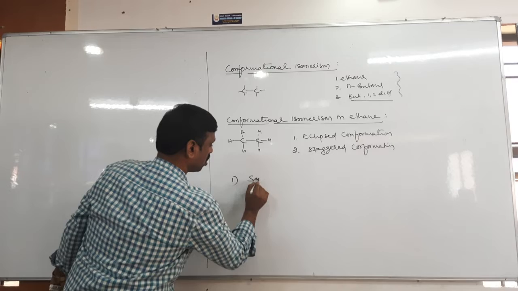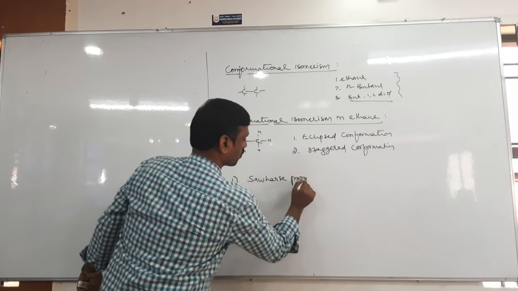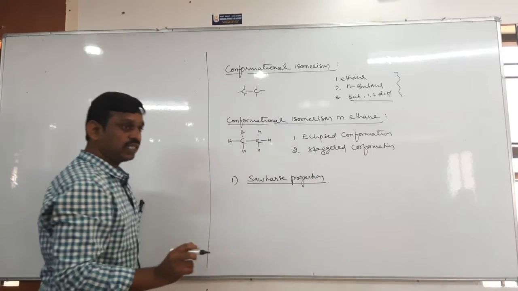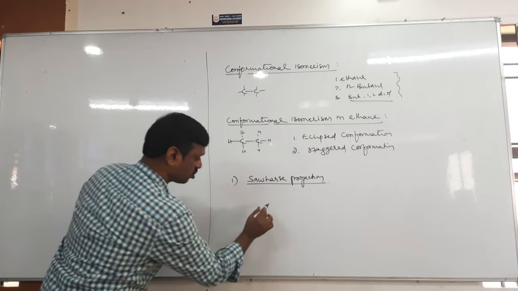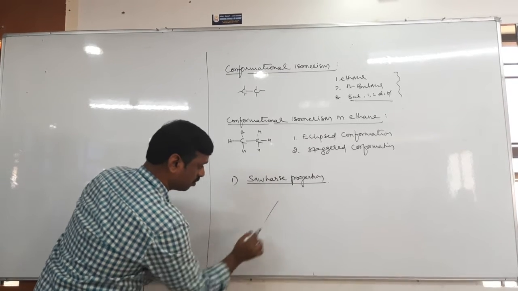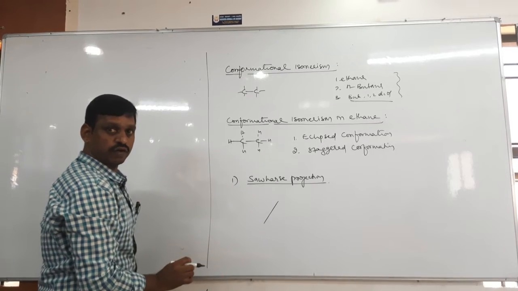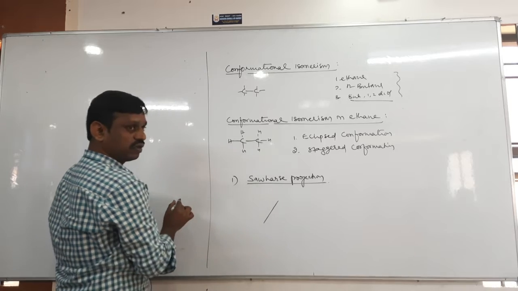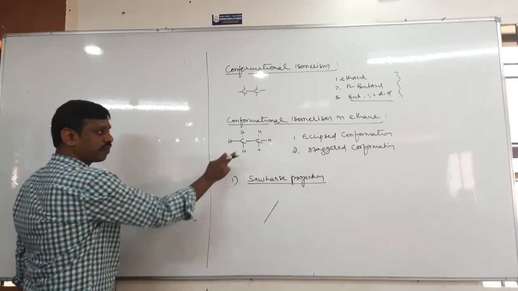One is the Sawhorse projection. In Sawhorse projection, we take the vertical line. This indicates the carbon-carbon single bond. Vertical line indicates carbon-carbon single bond. Next, if you observe from this side, which is the front carbon?